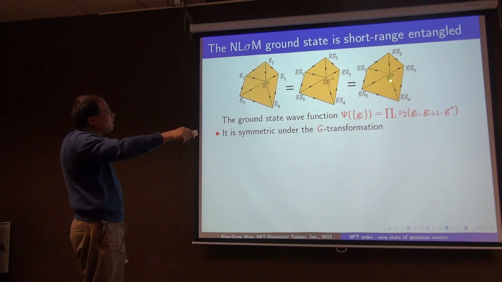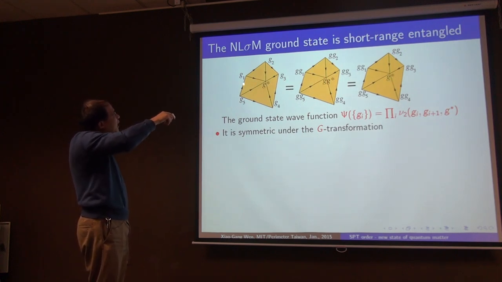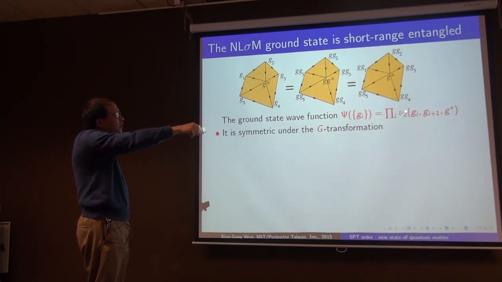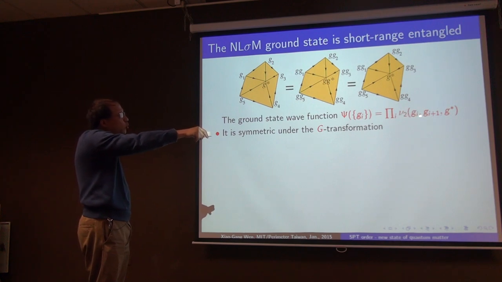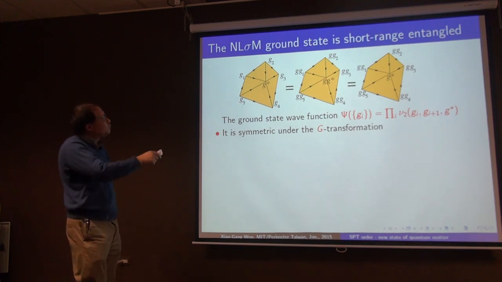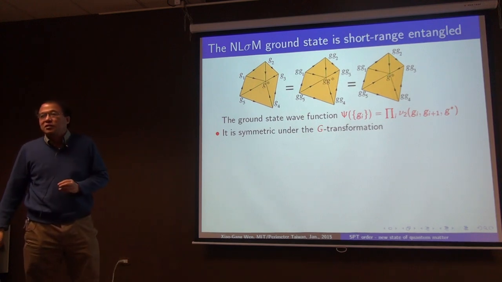Why so? Because of the following. We can multiply g to every element, so this equals this. And this is using the symmetry property of nu, because if you multiply g to every variable, nu is invariant. That's the symmetry property of nu. So from here to here, we use the symmetry property. And from here to here, we use the triangulation invariance. Why?